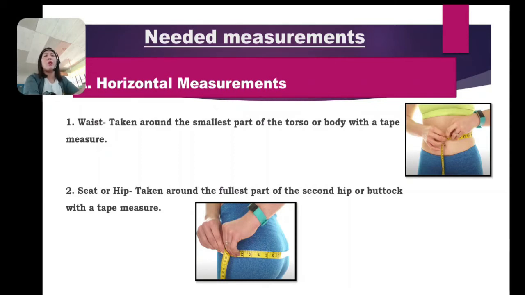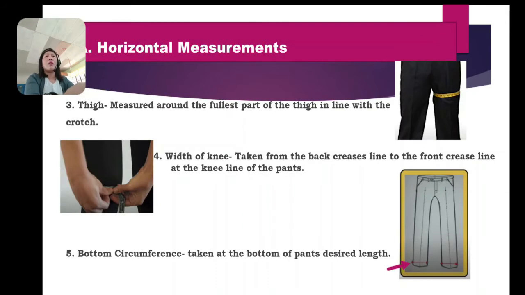So again, always remind the tips on how you're going to measure the needed measurements. Third is thigh. Measured around the fullest part of the thigh in line with the crotch. So it is shown from the picture on how you're going to measure thigh measurements.